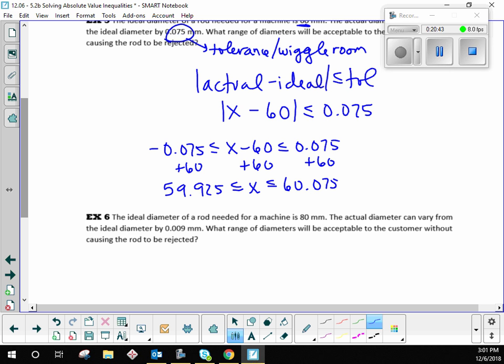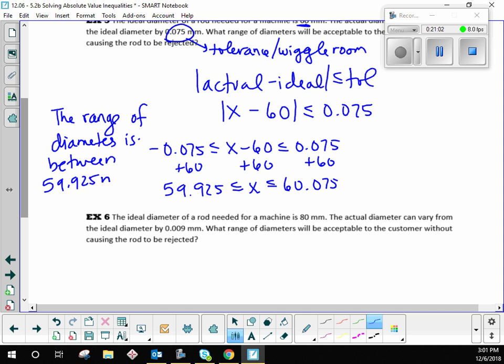So we would say the range of diameters is between 59.925 millimeters and 60.075 millimeters. Okay, not a lot of wiggle room, but some.